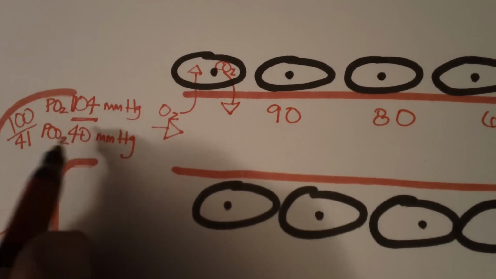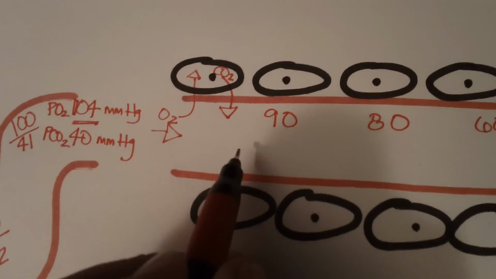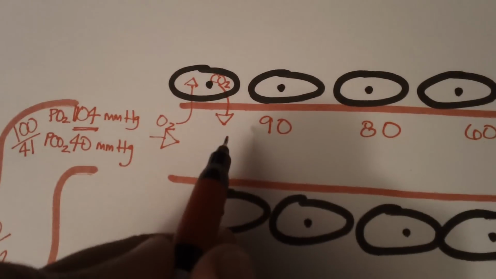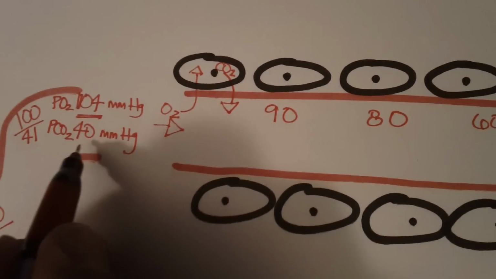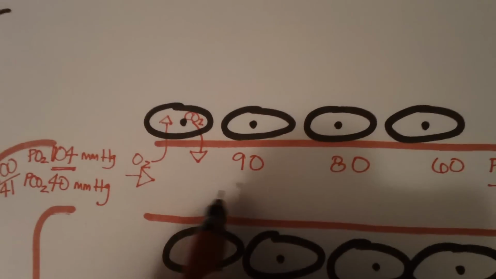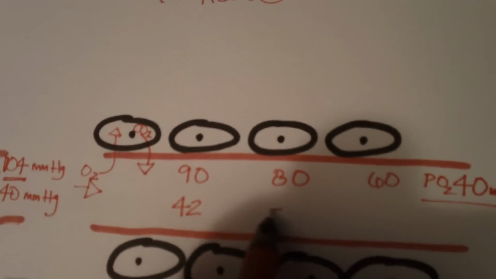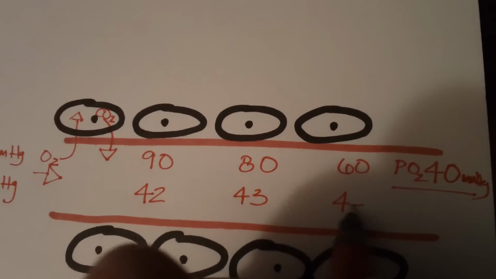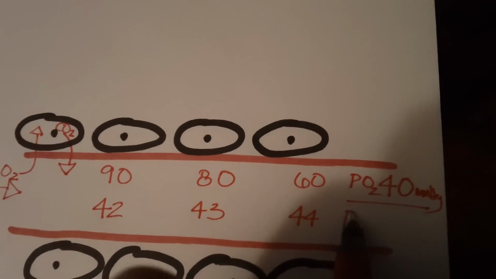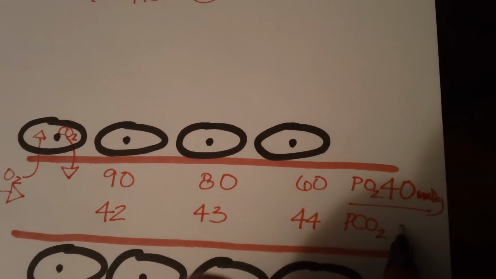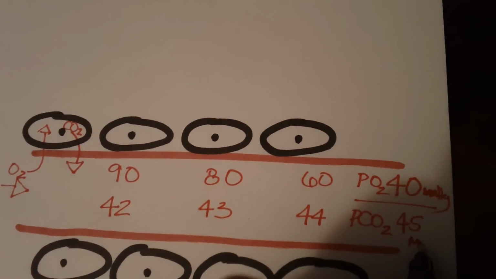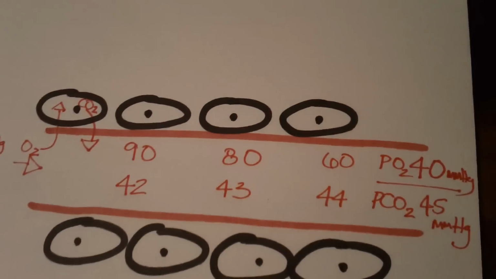Let's talk about carbon dioxide. What are we going to be doing here at the tissue level? We're going to be picking it up from the tissues, so this number is going to increase. All right, so let's say we go to 42, 43, 44, and finally at the end, our partial pressure of carbon dioxide is going to be 45 millimeters of mercury.